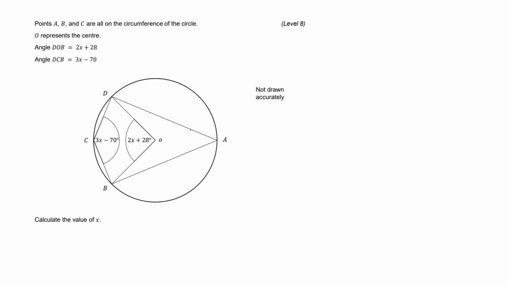So first of all, I'm going to find DAB. I know DAB is the angle at the circumference, and this angle here of 2x plus 28 degrees is the angle at the centre. I know that the angle at the circumference is half the angle at the centre. So I know that DAB can be written as x plus 14 degrees.